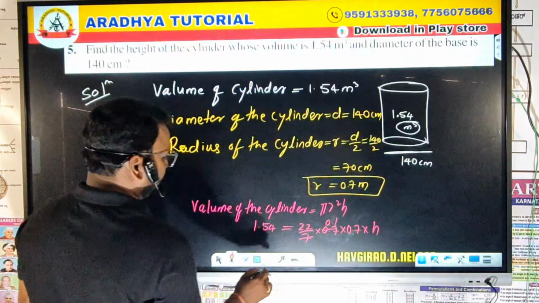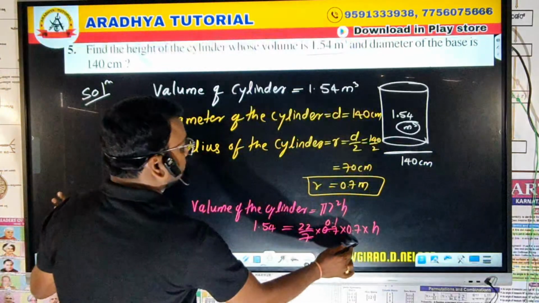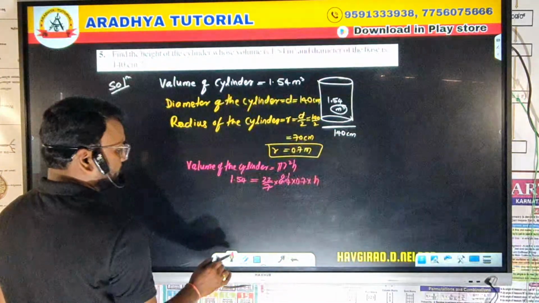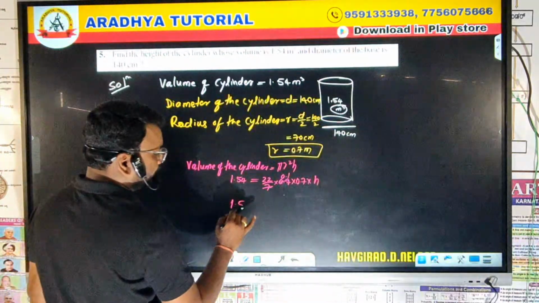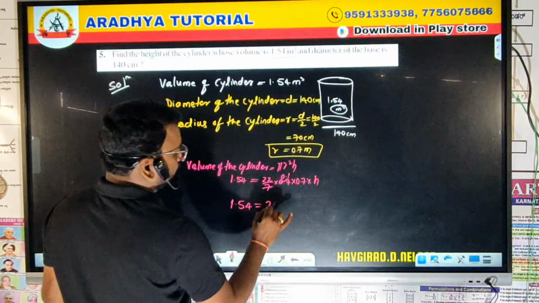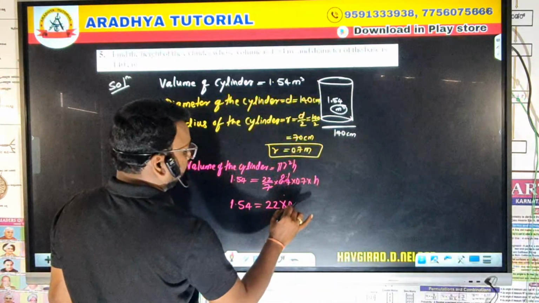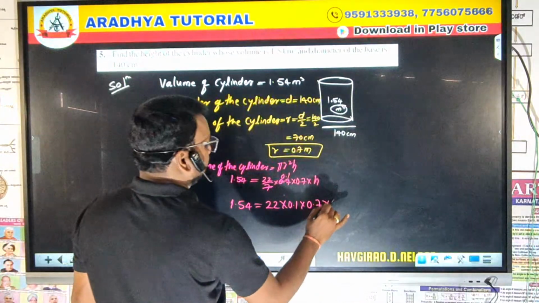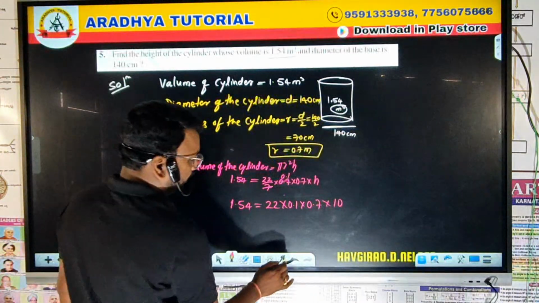If you multiply these two, 1.54 equals 22 into 0.1 into 0.7 into h.